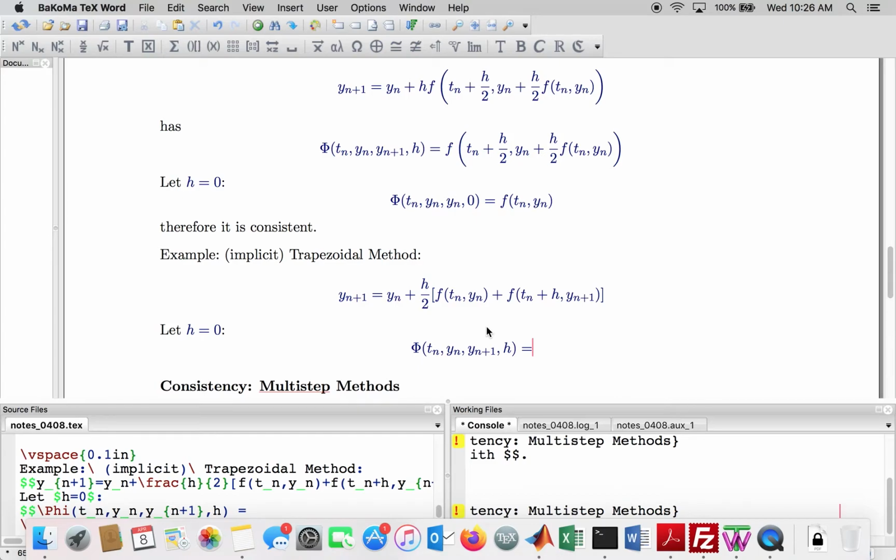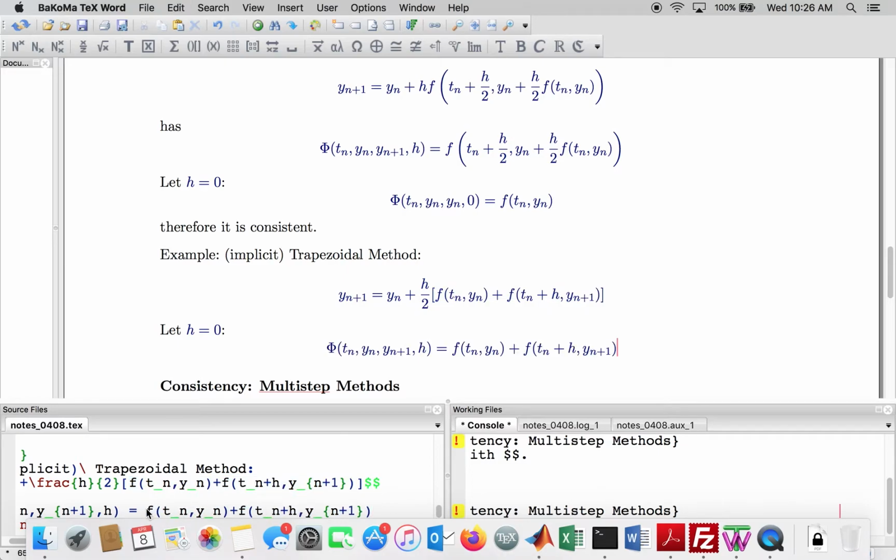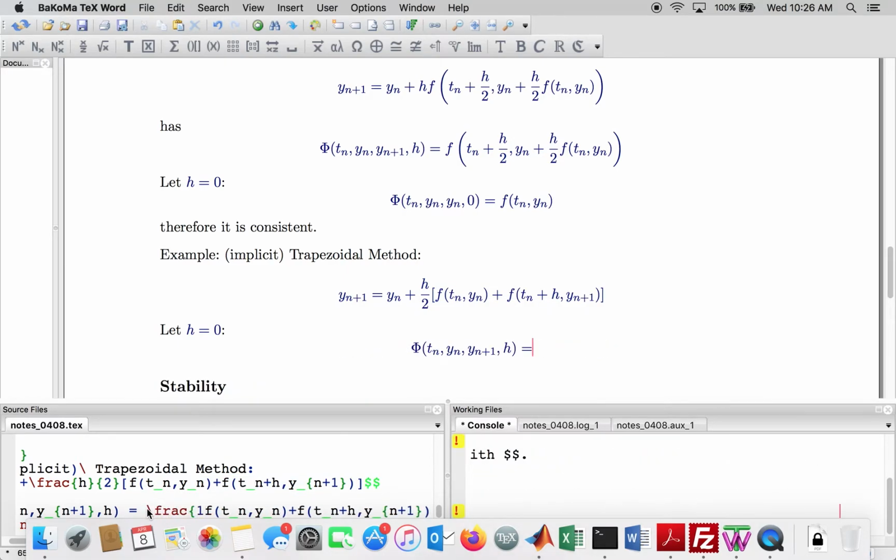So that equals this part. And also we have the 1/2, so everything but the h.